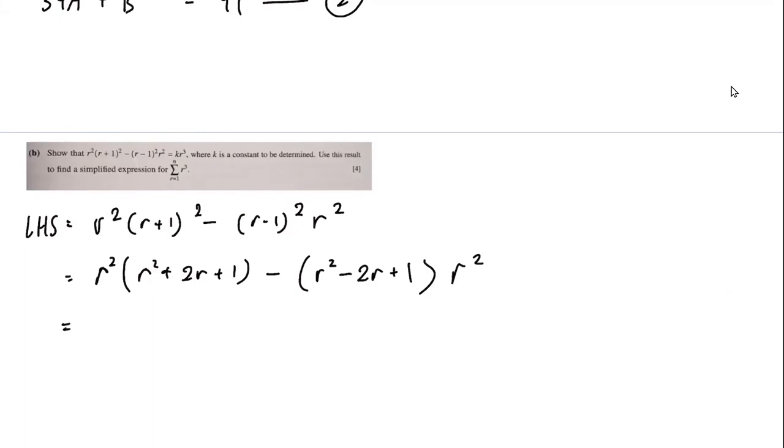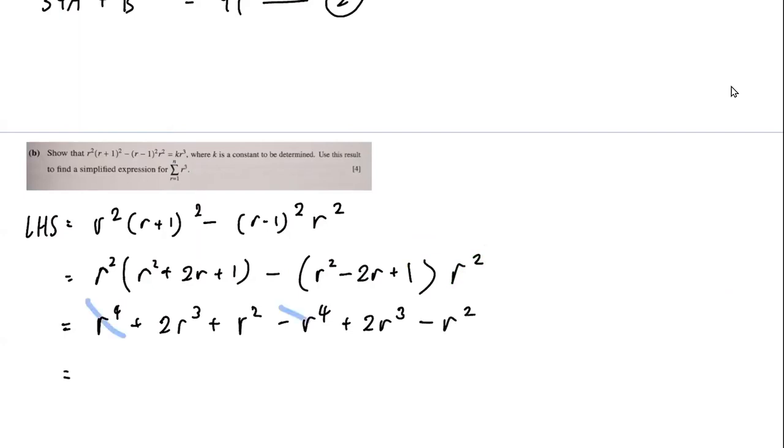And continue distributing. r squared times r squared, you get r to the power 4, plus 2r to the power 3, plus 1 times r squared is r squared, minus r squared times r squared, which is minus r to the power 4, minus r squared times minus 2r, which is a positive 2r cubed, minus r squared times 1, which is minus r squared.